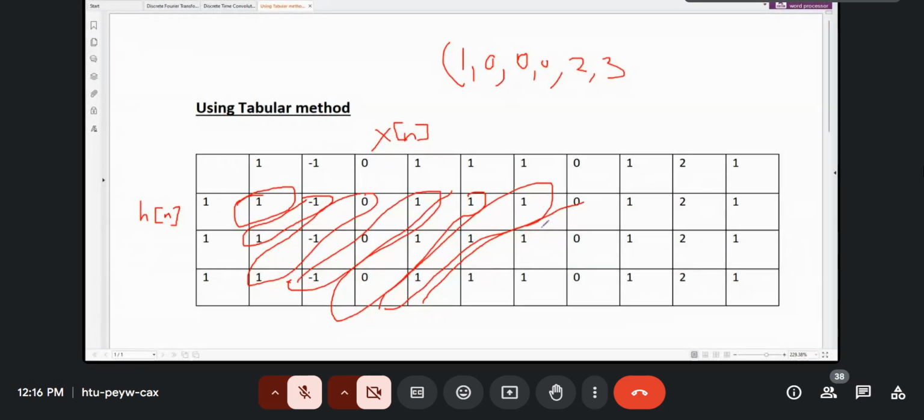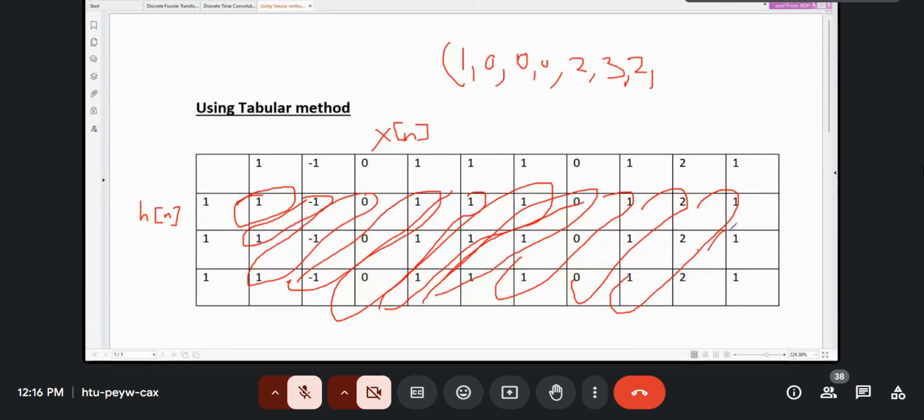Oh, this is 2. Yeah, then 2 again. Then that's 2. Then this is 2. Then this is 3. Then this is 4.